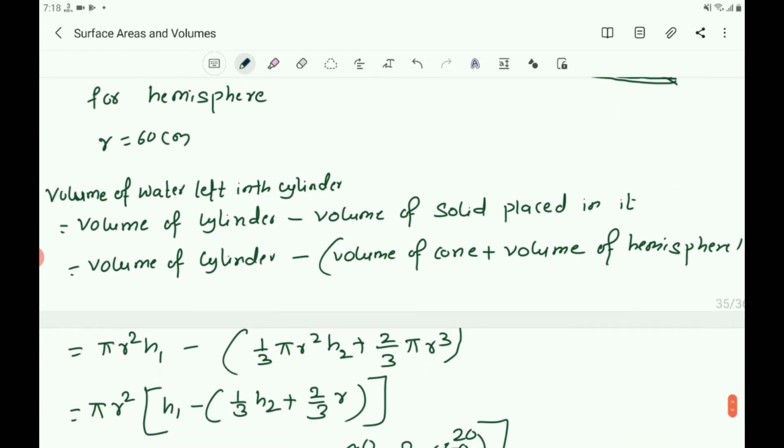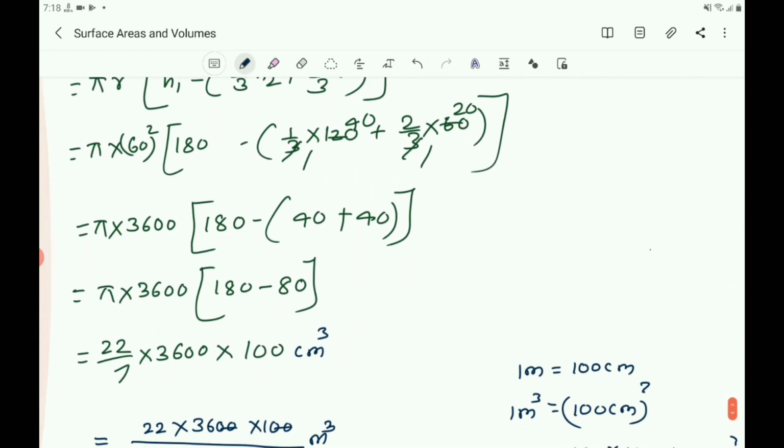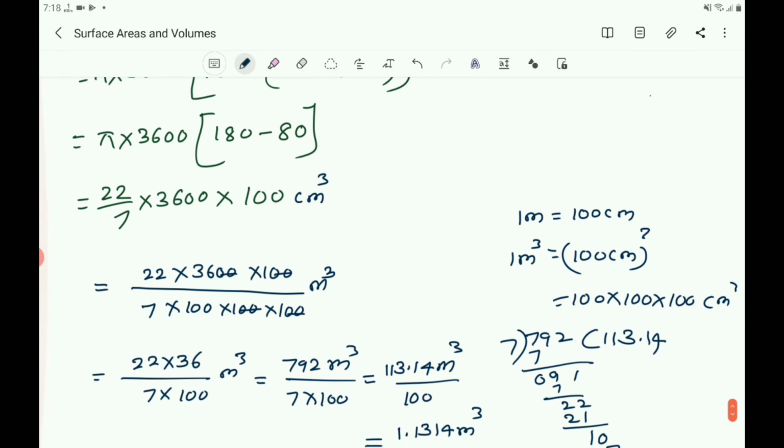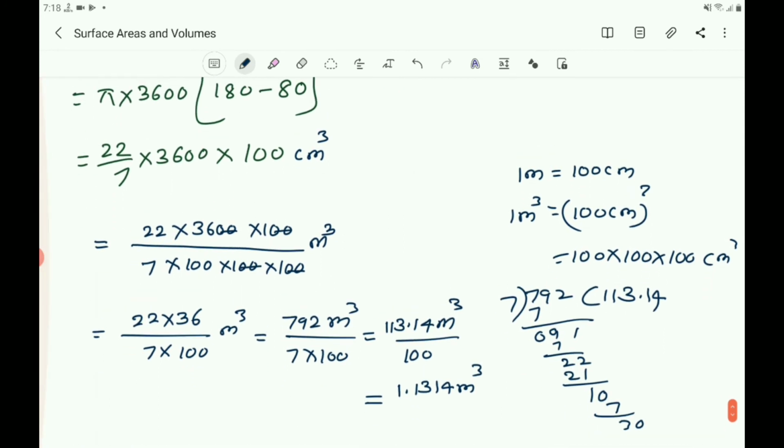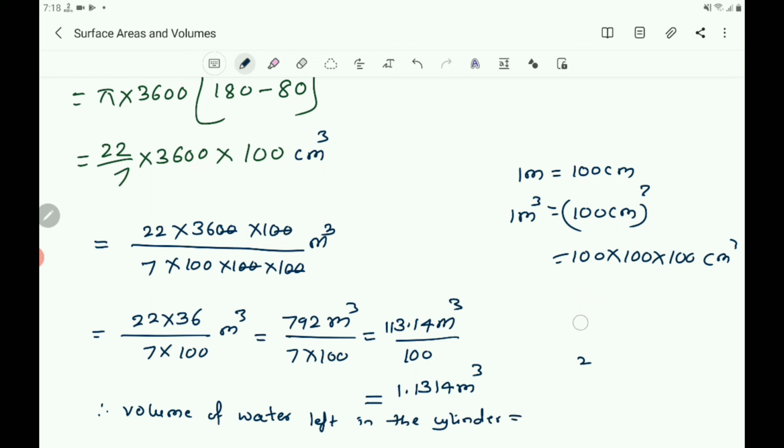So you write, therefore, volume of water left in the cylinder equals 1.1314 m cube.